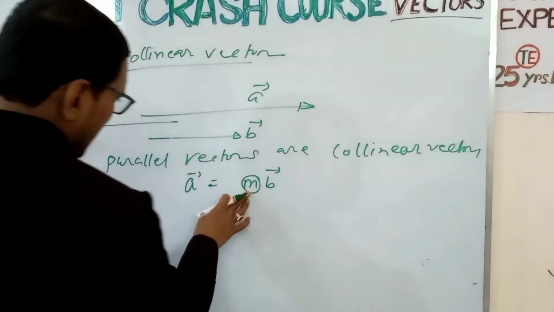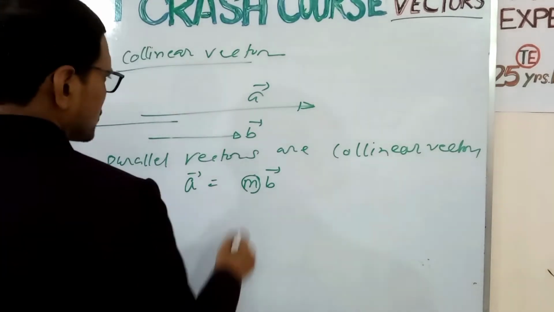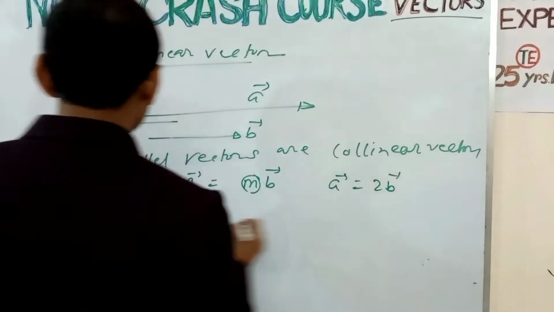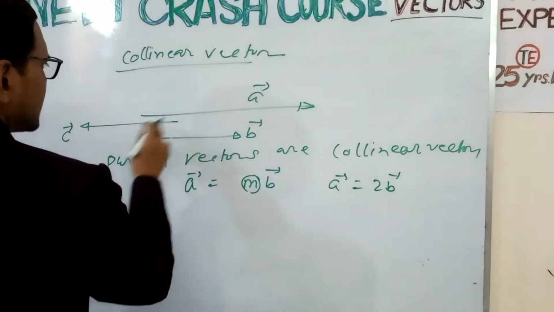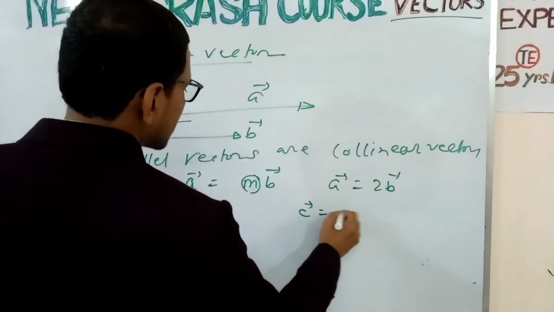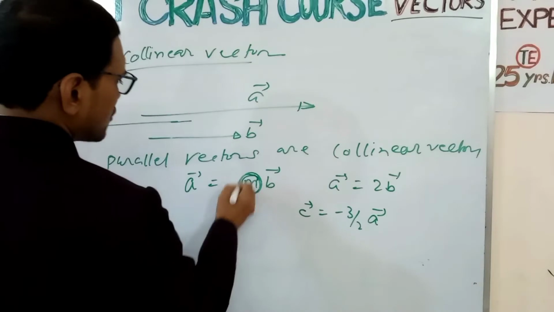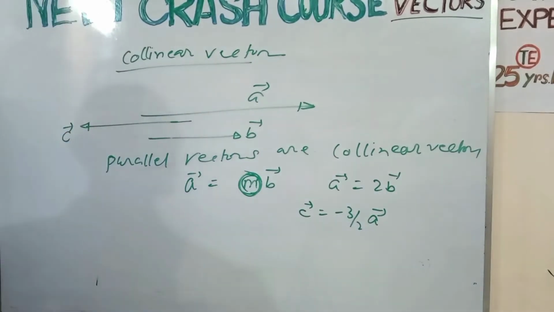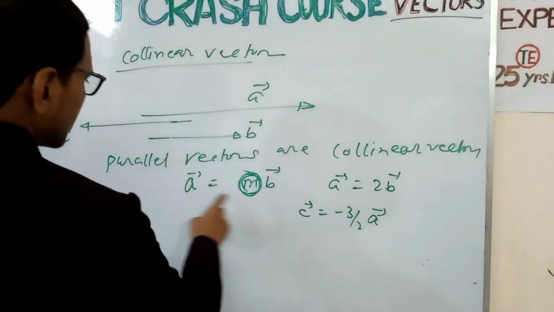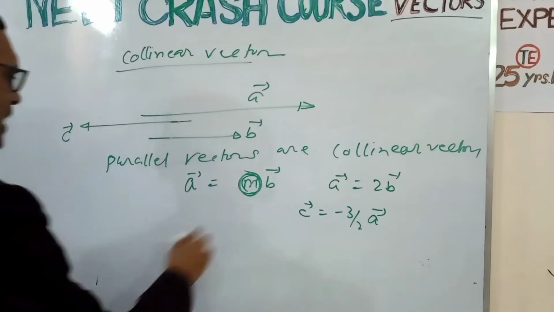We can adjust the value of m to equalize the two vectors a and b. Suppose a is double of b, then a equals 2b. Suppose c is opposite but 3 by 2 times, so c equals minus 3 by 2 of a. So by adjusting the value of m, we can write in this form. This is the property of collinear vectors: if two vectors a and b are collinear, then a equals m b, where m is any scalar.